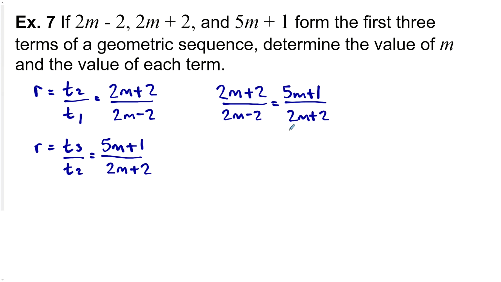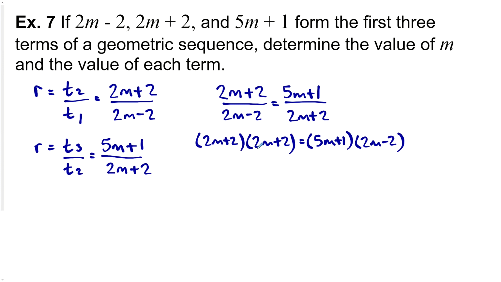Now let's multiply both sides by 2m plus 2 so that it moves up here, and multiply both sides by 2m minus 2 so this moves up there. So this one will be 2m plus 2 times 2m plus 2, and this is 5m plus 1 times 2m minus 2.